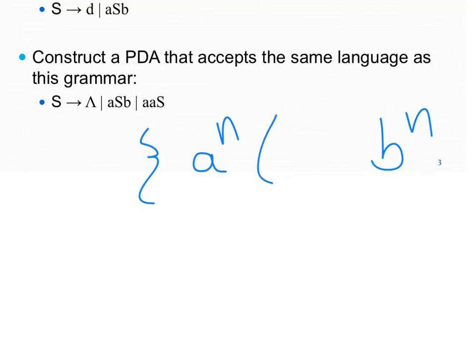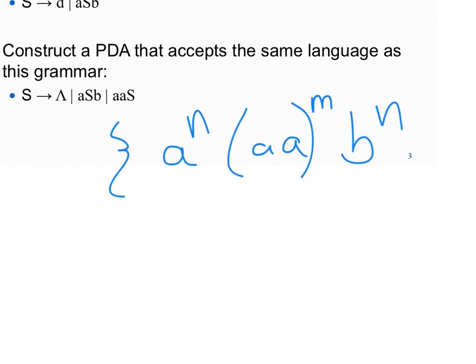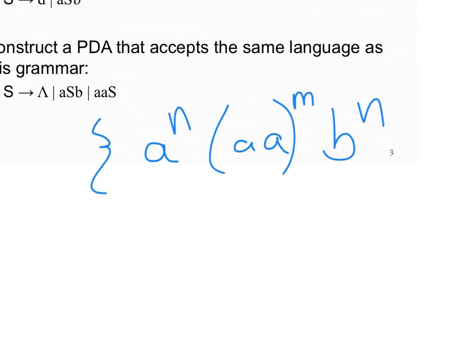But you can also have as many A's, well, pairs of A's, I guess, to the m. And let me just move this over a little bit. There you go. Such that n and m are natural numbers. There's your squiggly.